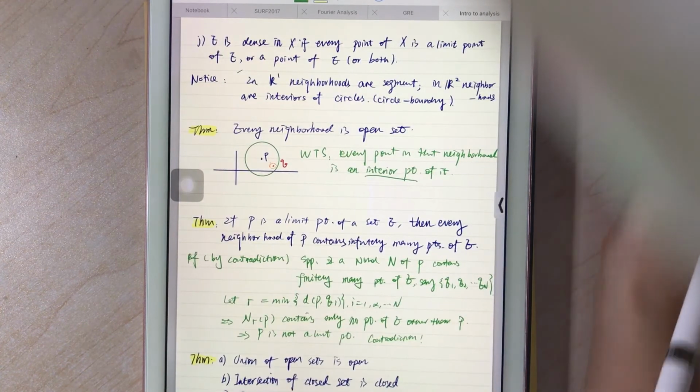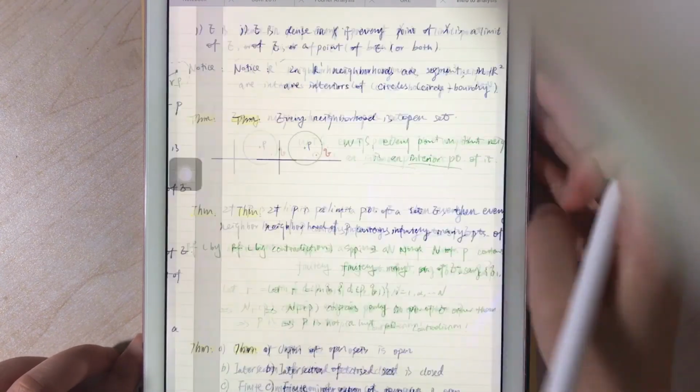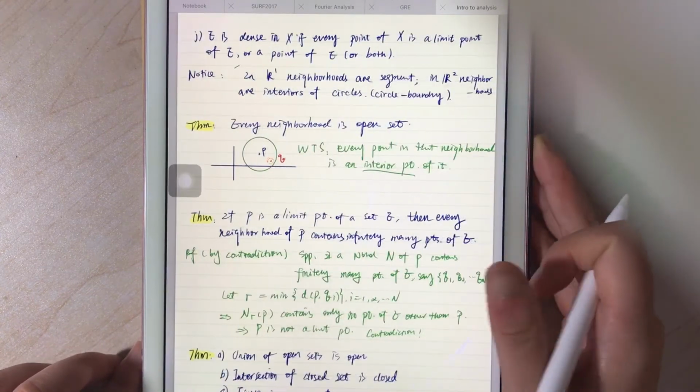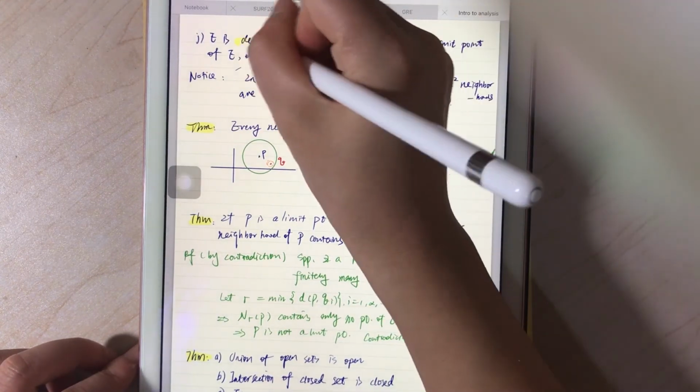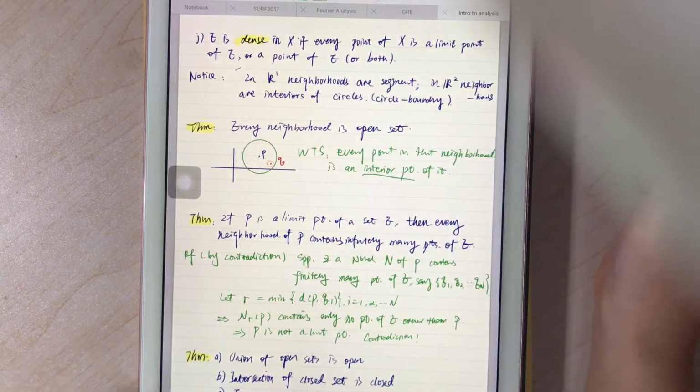Okay, another characteristic of a set is about density. E is dense in X if every point of X is a limit point of E or a point of E, or both.